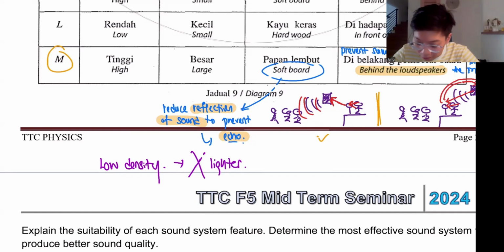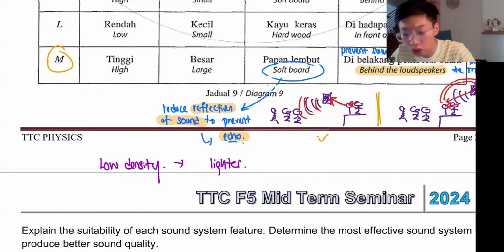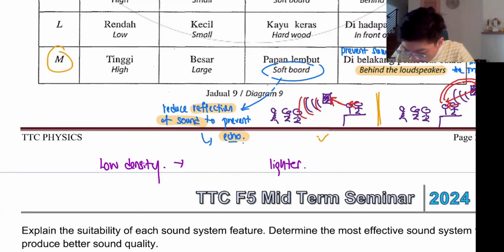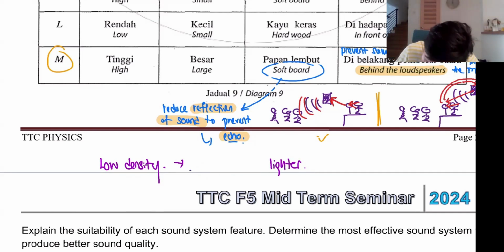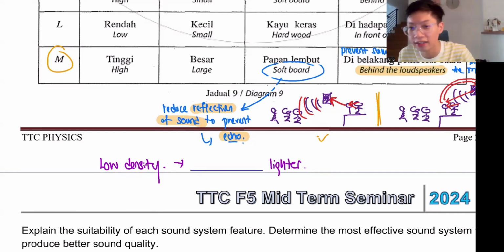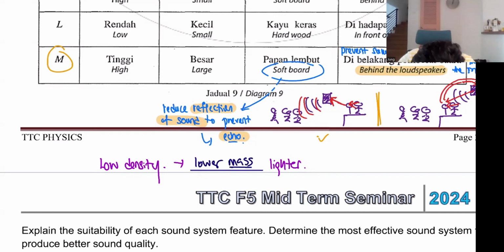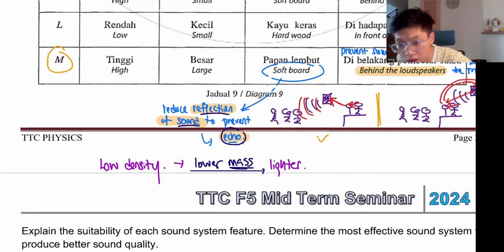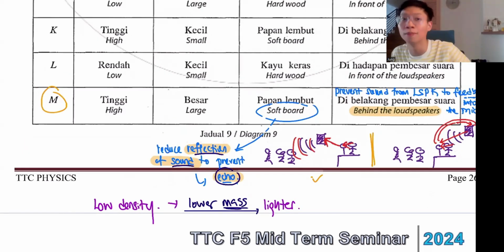So before we write lighter, in front we have to add a term, then we can write lighter. We must say that there was a lower mass. So mass is your physics term. So when you want to say echo, you must say reflection of sound to prevent echo. There must be a physics term, not only a normal term.